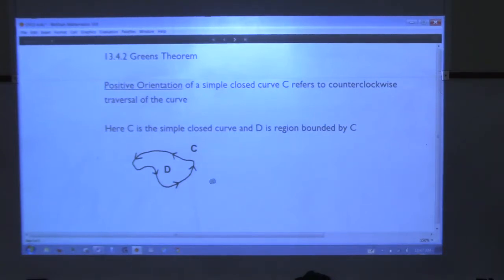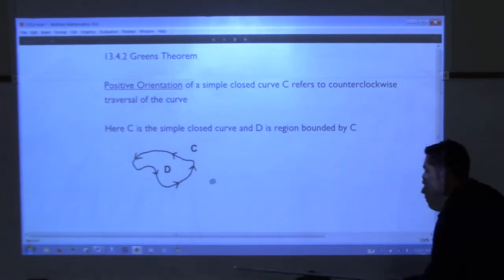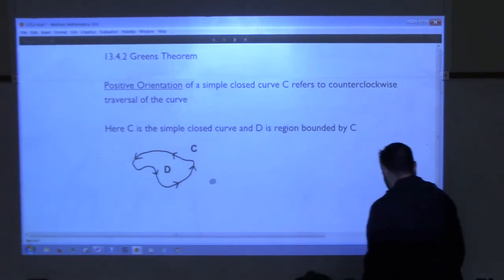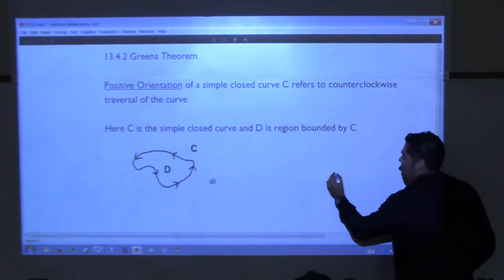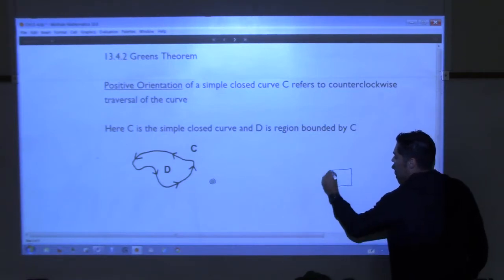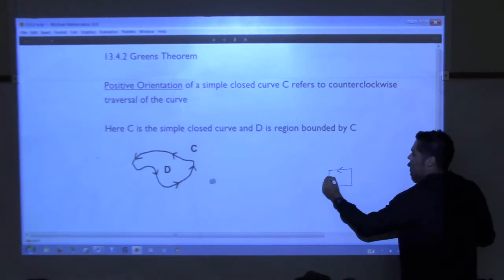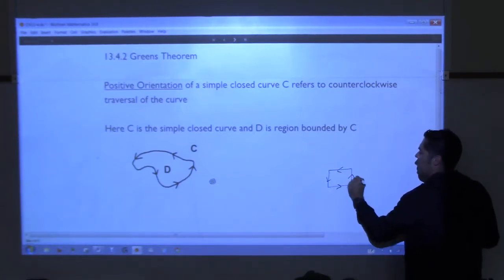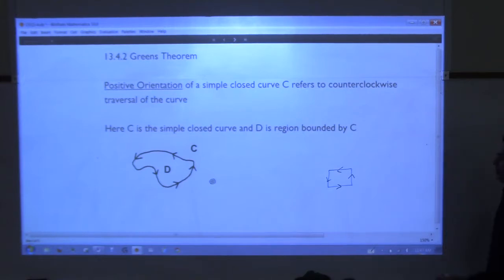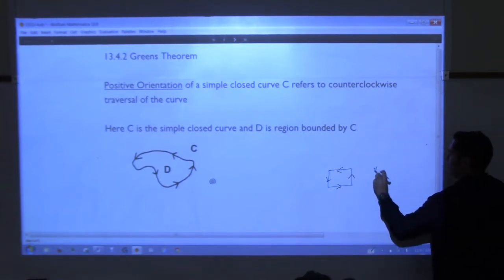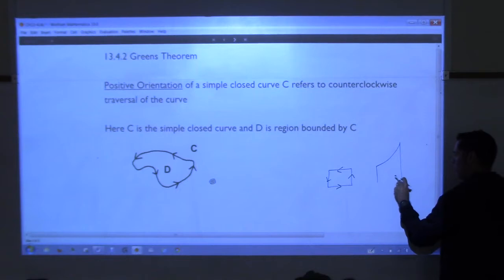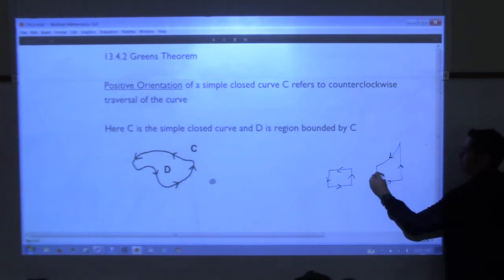Clockwise. So you give me a bounded region, even a rectangle, then there is a simple closed curve that goes around it, and there's the positive orientation of that curve. If you give me a type 1 region, there is a closed curve that goes around it, like this.